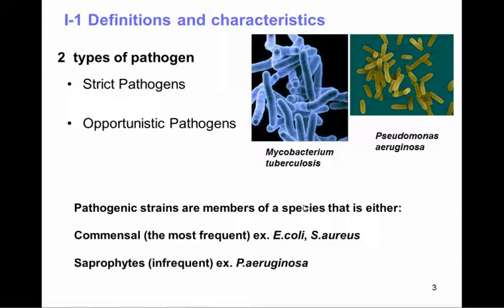Other types of opportunistic pathogens are saprophytes. They don't live anywhere near the human body normally. They're chemo-organoheterotrophs, just degrading some organic material in the soil. That would be the case of Pseudomonas aeruginosa.